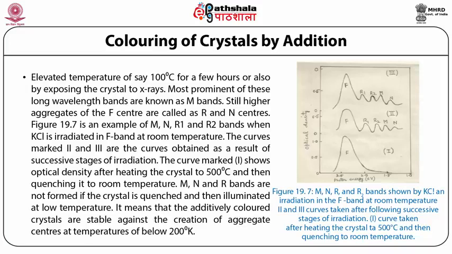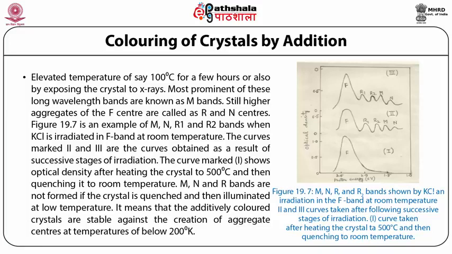The curve marked 1 shows optical density after heating the crystal to 500 degrees centigrade and then quenching it to room temperature. M, N and R bands are not formed if the crystal is quenched and then illuminated at low temperature.